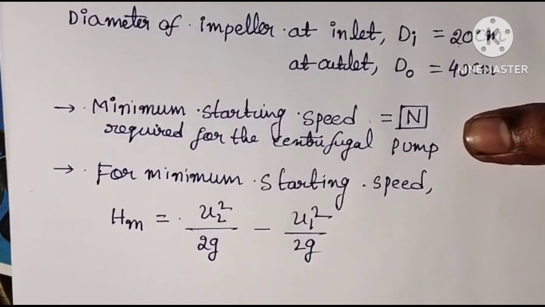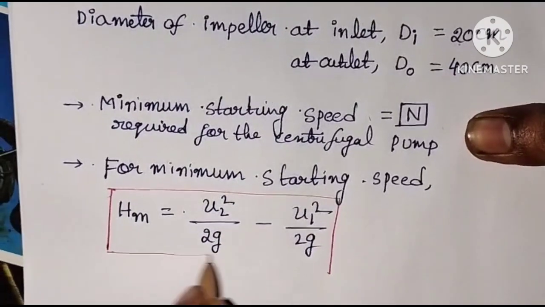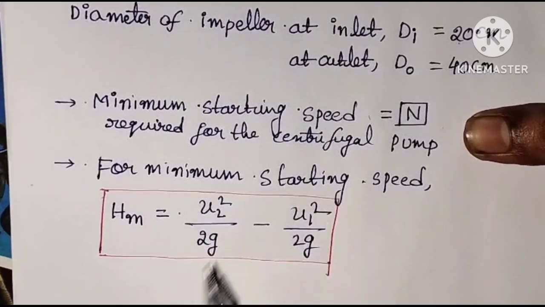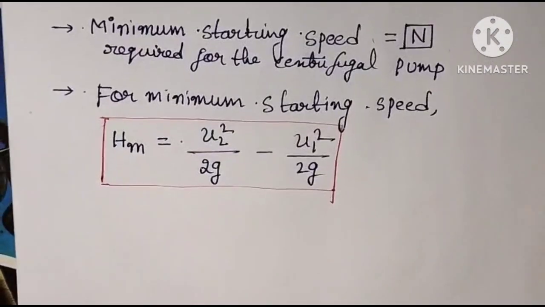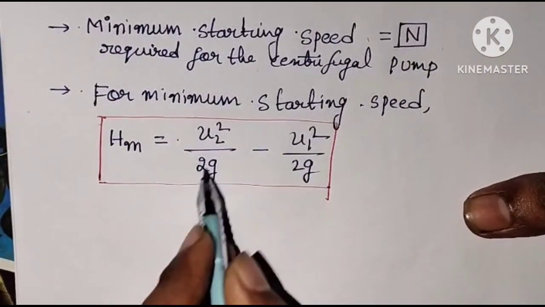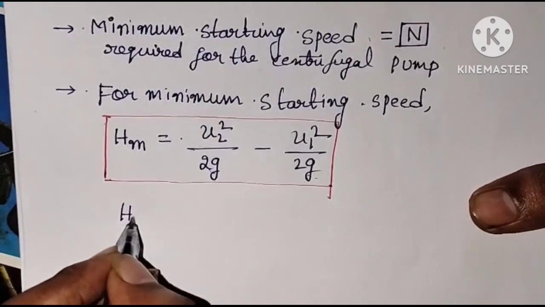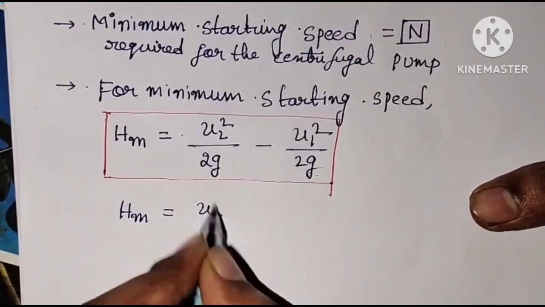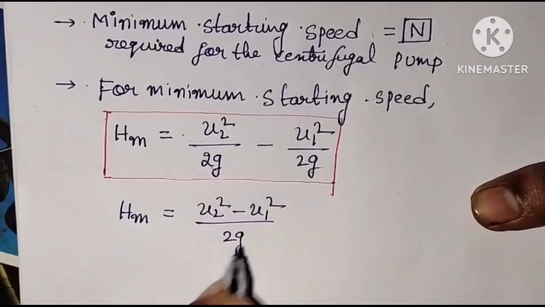This is the formula for minimum starting speed, so we are going to use it. Since we have common denominators, HM is equal to U2 square minus U1 square, whole divided by 2G.